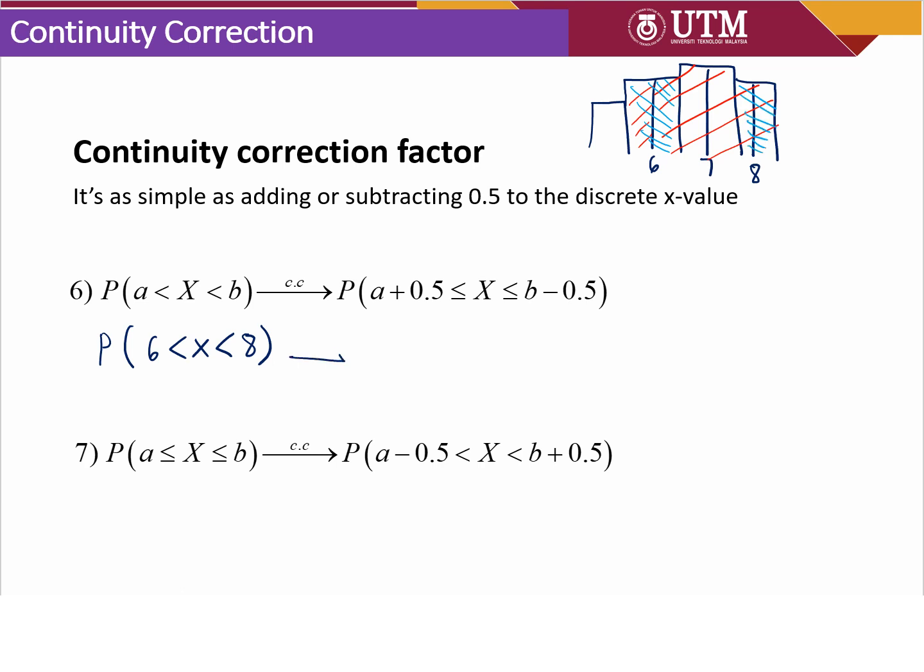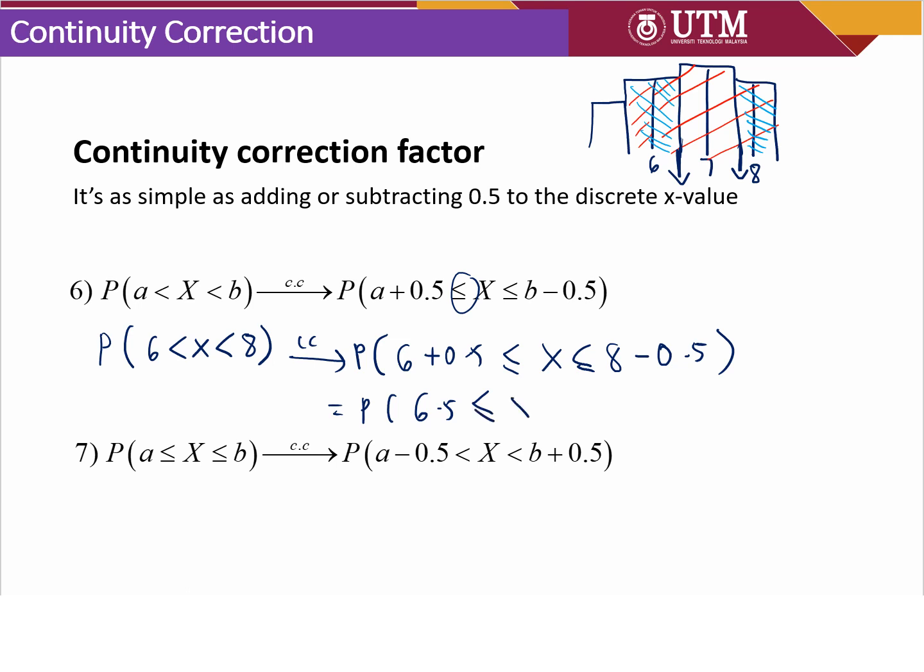So the interval will be at 6 plus 0.5, and 8 minus 0.5. So the probability would be from 6.5 to 7.5.